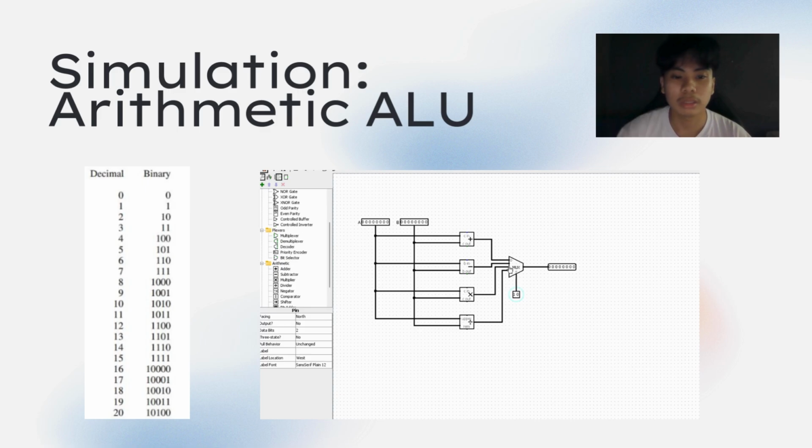So let's set the A into, let's say, 4, which is 1 0 0, and then B to 3, which is 1 1. As you can see, it changes the output to 1 1 0 0, which is equivalent to 12. So it is correct that 4 times 3 is equal to 12.